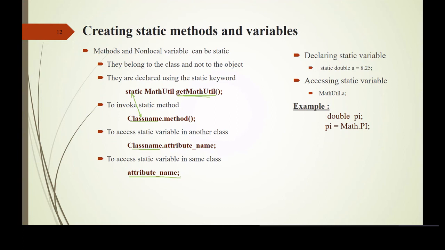But if it's from outside the class, you have to mention the class name dot variable name. Now, if you want to declare a variable as static, you just put static before the data type, and then you can give it a value. So here, in order to print this variable a, we have to use the class name. Why is that? Because it's static. A is what?